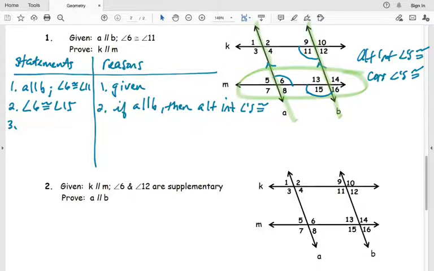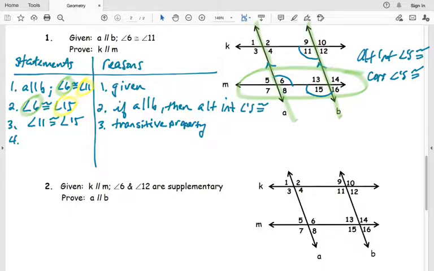So I'm going to say that right now. Angle 11 is congruent to angle 15, and that's using our transitive property. Basically, if you've got angle 6 congruent to angle 11 and angle 6 congruent to angle 15, then those two angles are going to be congruent to each other. That's what the transitive property says.